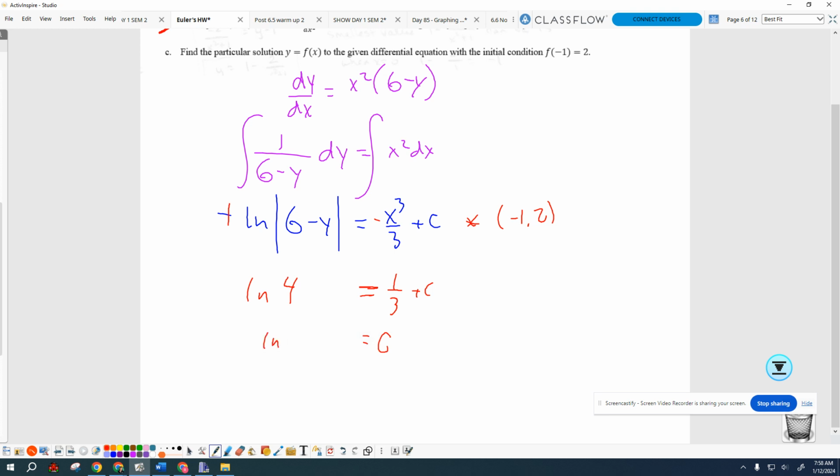So gross, that's my C value, okay. So natural log of absolute value 6 minus y equals, wow, -x cubed over 3 plus the constant.